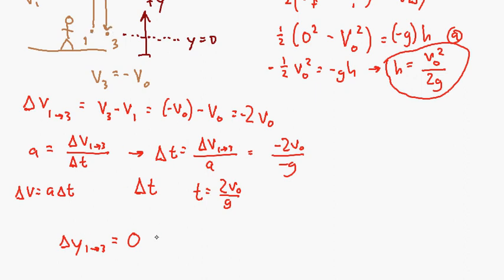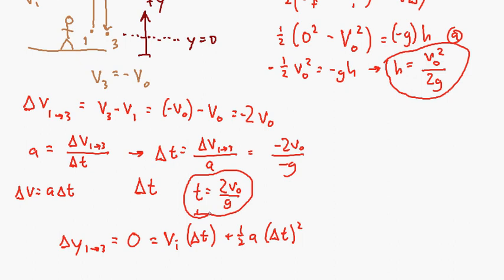So apply the equation v initial times delta t, plus 1/2 acceleration times delta t squared, and that all equals 0, right? You can factor out a delta t because the left-hand side is 0, and it really ends up reducing down to this anyway. So you get the same answer. Anyway, that's problem 2.